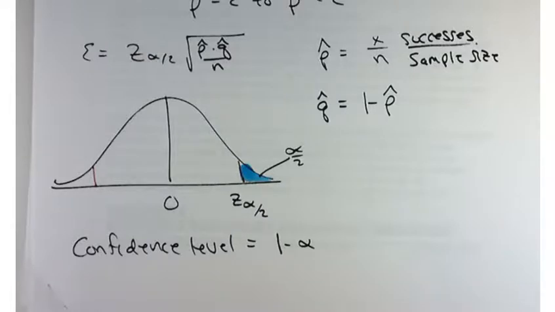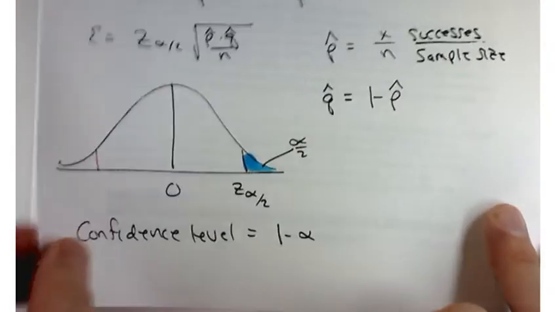Let's do a couple problems and just try and get a little bit familiar with this confidence level and this notation. And we'll talk a little bit more about it. But to start with, let's try problem number 8.